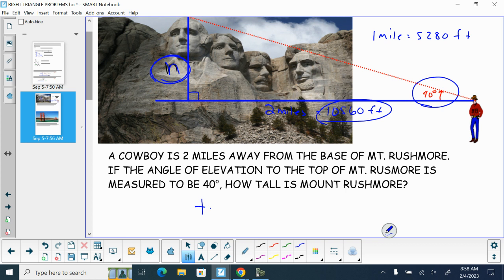We should have the tangent of 40 degrees, because this is opposite, this is adjacent. So we have the tangent of 40 degrees is equal to h over 10,560. Now we want to solve for h. So go ahead and solve for h. What do you do to both sides to get h by itself?